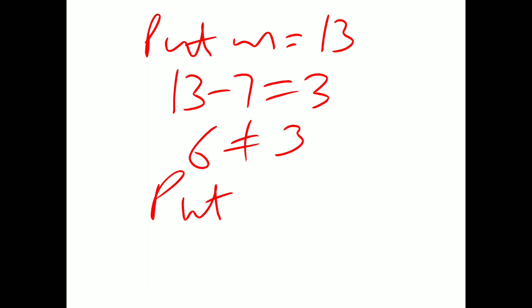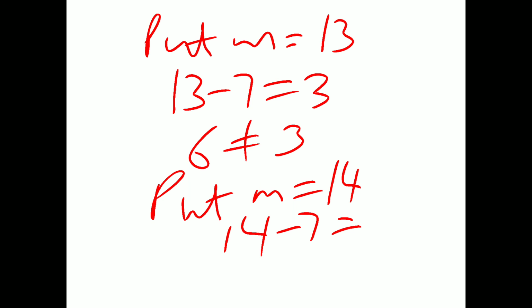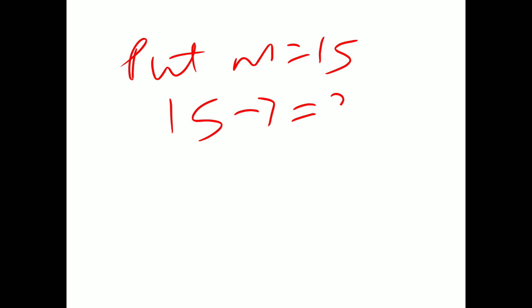Now we put m is equals to 14. 14 minus 7 should be equals to 3. So 7 is not equals to 3. At the end we put m is equals to 15. 15 minus 7 should be equals to 3.